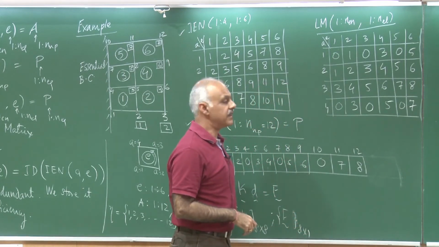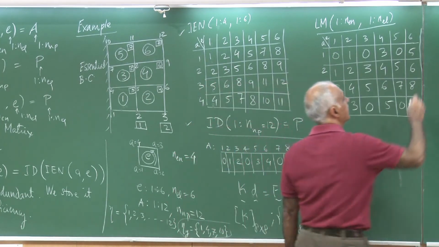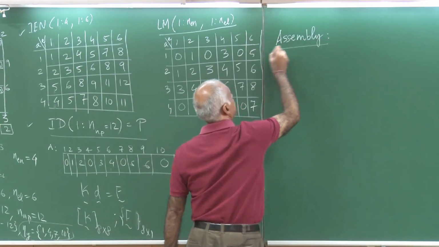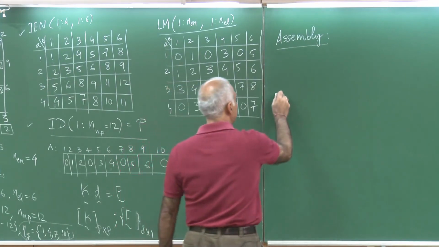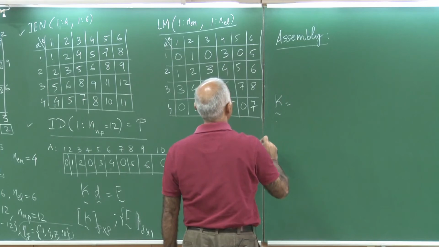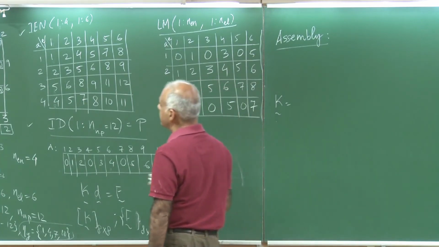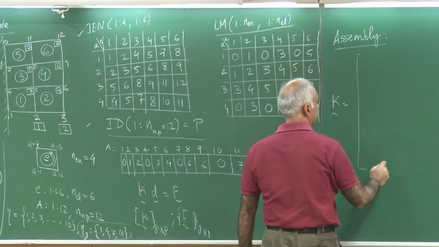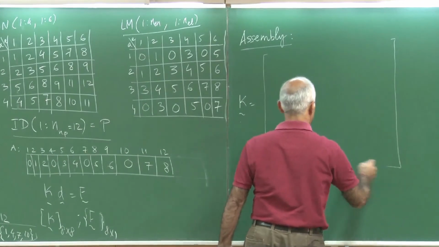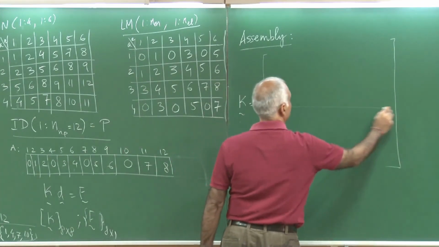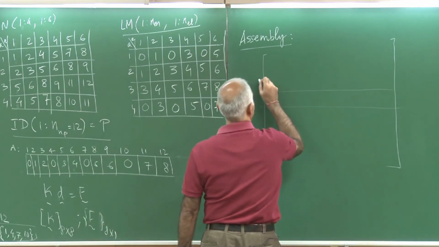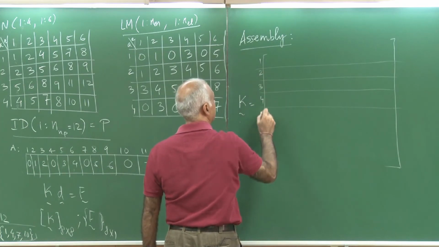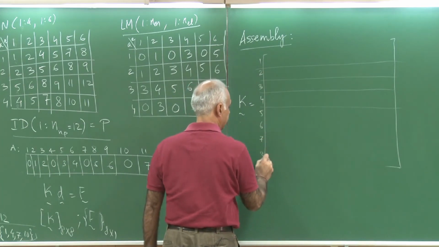How does it help me in assembly? Let us look at the assembly. I have the K matrix, which has a size of NEQ, which is 8 by 8. So, let me draw the 8 by 8 matrix. I am going to have these rows: row 1, 2, 3, 4, 5, 6, 7, and 8.